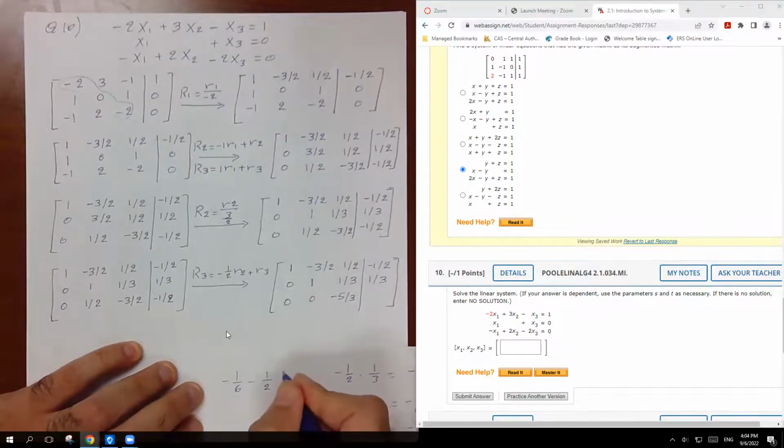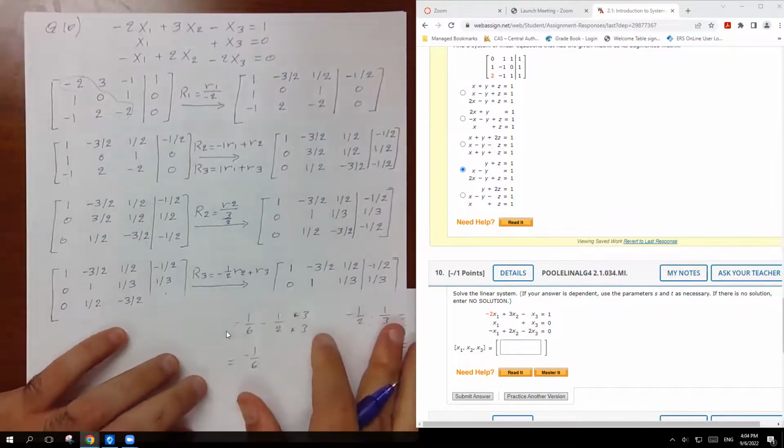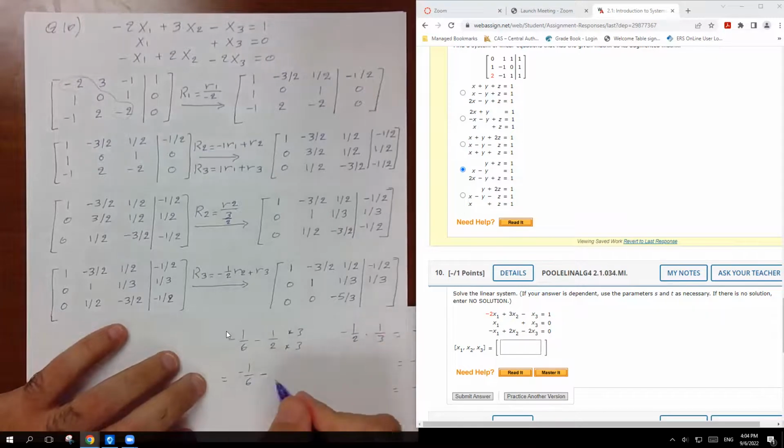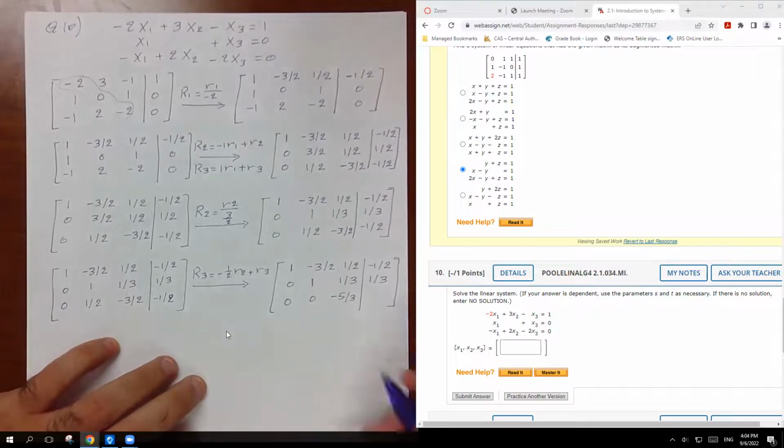So now we're going to multiply by 3, multiply by 3. So it's going to be negative 1/6 minus 3/6. And then it's going to be negative 4/6. And then it's going to be negative 2/3. That's the last number here. It's going to be negative 2/3.